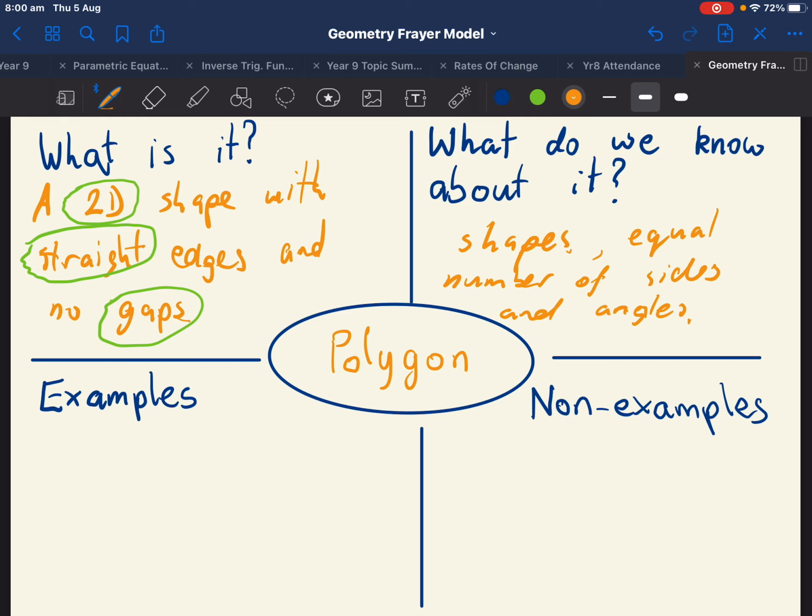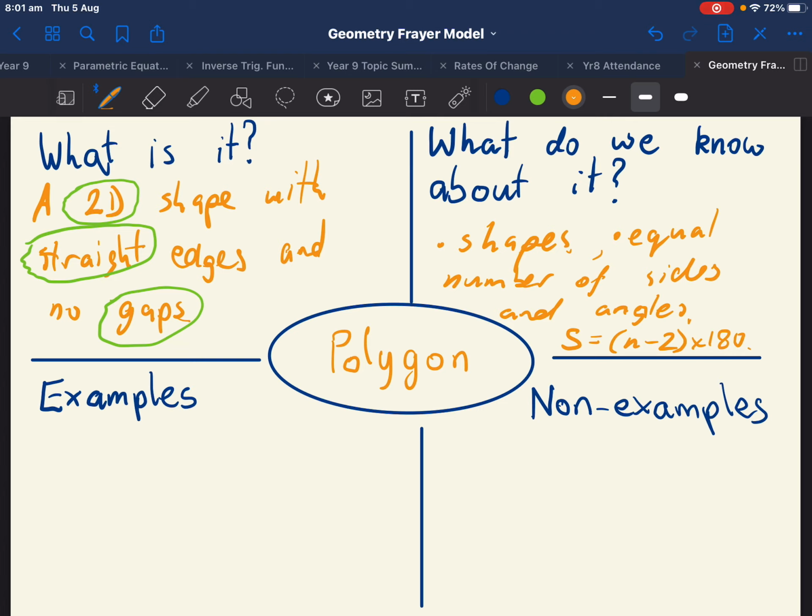So if a polygon has three sides, it'll also have three angles. If it had five sides, it would have five angles. To be honest, we've had entire videos and lessons dedicated to polygons, so there's lots of things you could write here. I might also put in that the angle sum of a polygon can be given by n minus 2 times 180, just as an example.